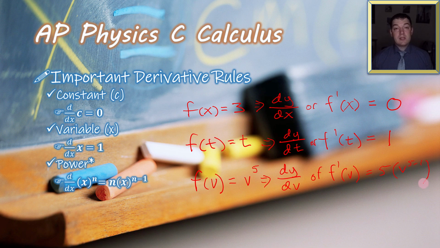Right now I'm showing all the steps, but very quickly we should be able to subtract 1 from any of these exponents without issue. Applying the power rule, we find that this is 5v to the 4th, based on the original function.